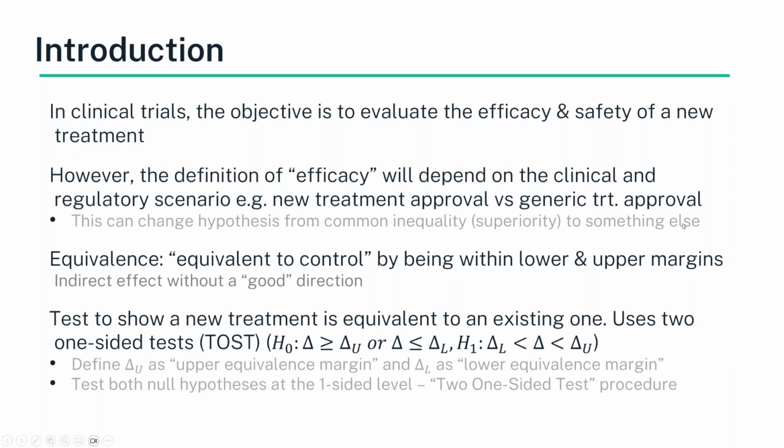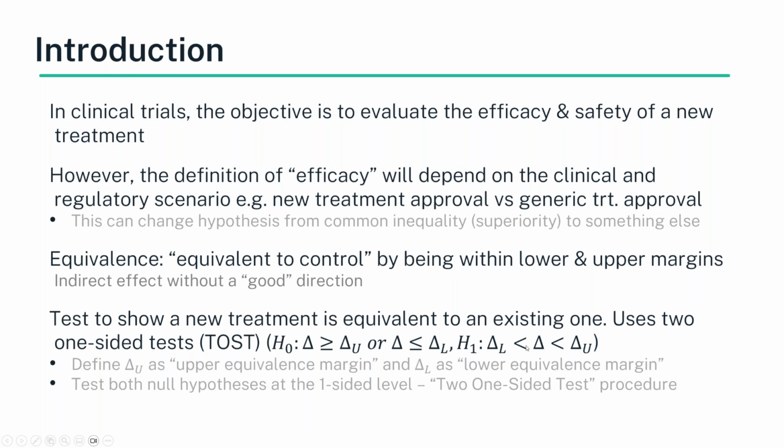So this uses a null hypothesis that is split between the difference between the two treatments is greater than the upper limit, or the difference between the two treatments is less than the lower limit. And then the alternative hypothesis being that the difference falls within these limits.